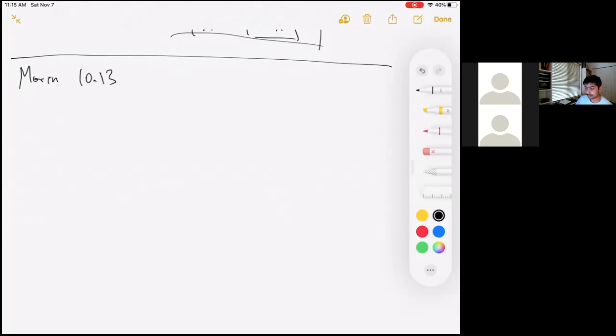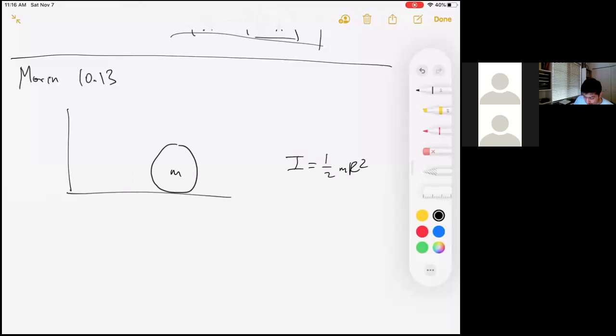10.13. Okay, so the setup here is that we have a uniform cylinder right here of mass m. So its moment of inertia, of course, is 1/2 mr squared. The radius is r. And we have a spring attached here.